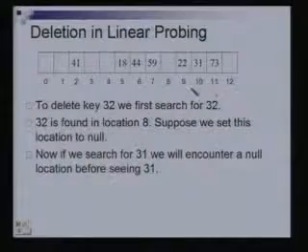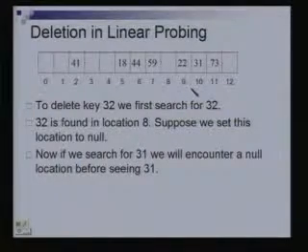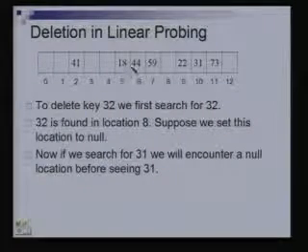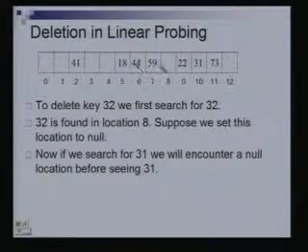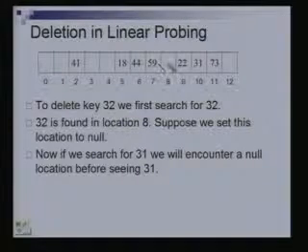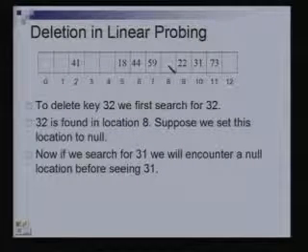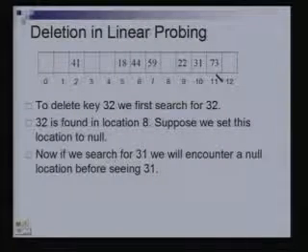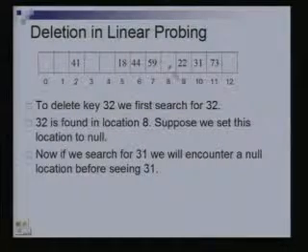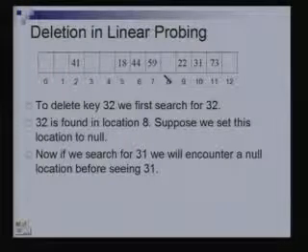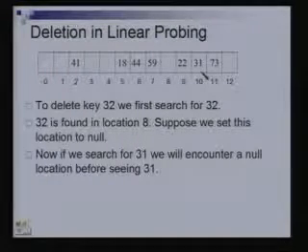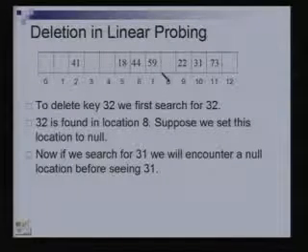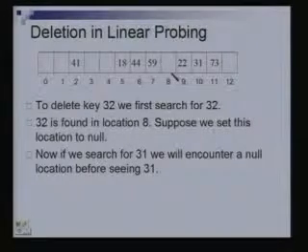Suppose we now search for 31. What's going to happen? 31 mod 13 is 5. So we come here. We didn't find it here. We come here. We didn't find it here. We come here. We didn't find it here. We reach here, and this is an empty location. So we'll say 31 is not there. Well, 31 is there. Why is the problem coming? Because when 31 was inserted, this was a full location. So that's why 31 was inserted later. But once you delete this, then you have a problem.